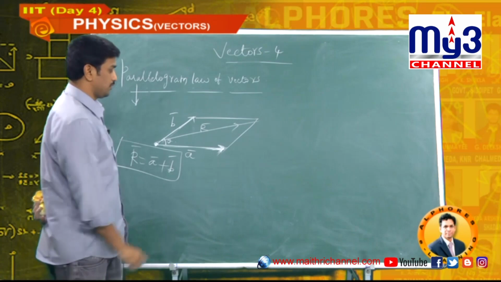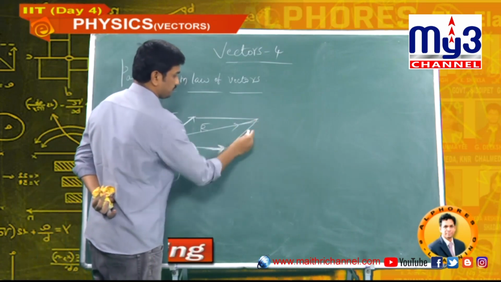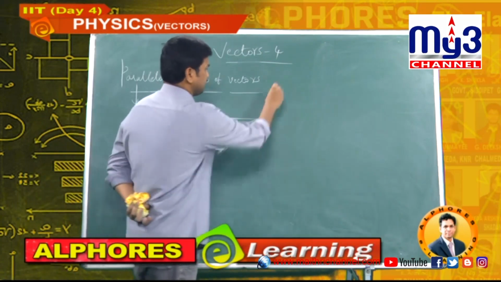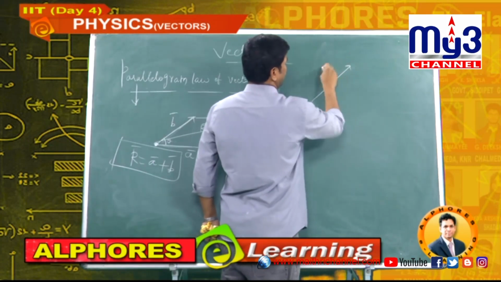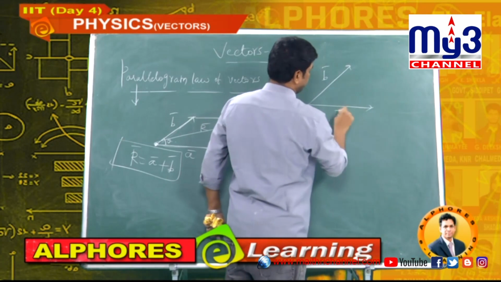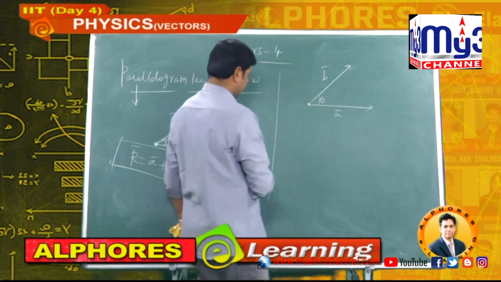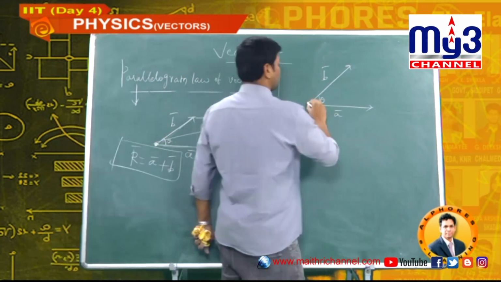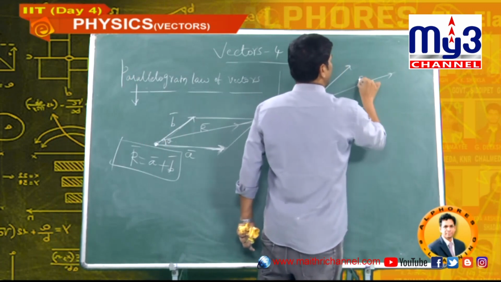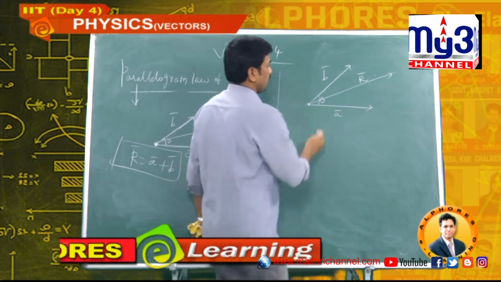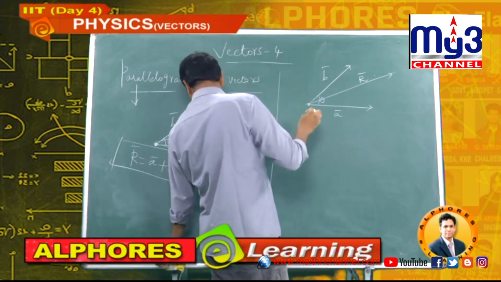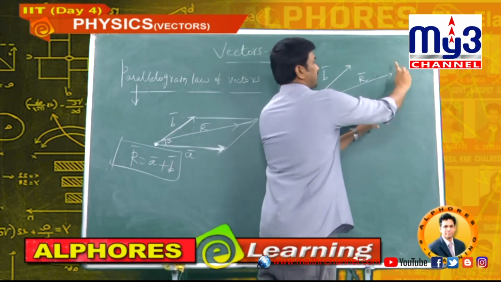We will use it now. The same diagram I will write here. B bar, A bar, angle theta. A bar, B bar, angle theta. Now this is the resultant, R. See, B bar can be shifted to here.